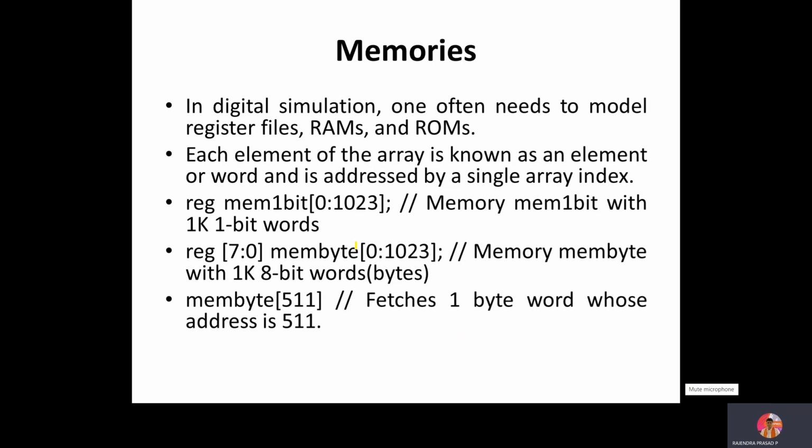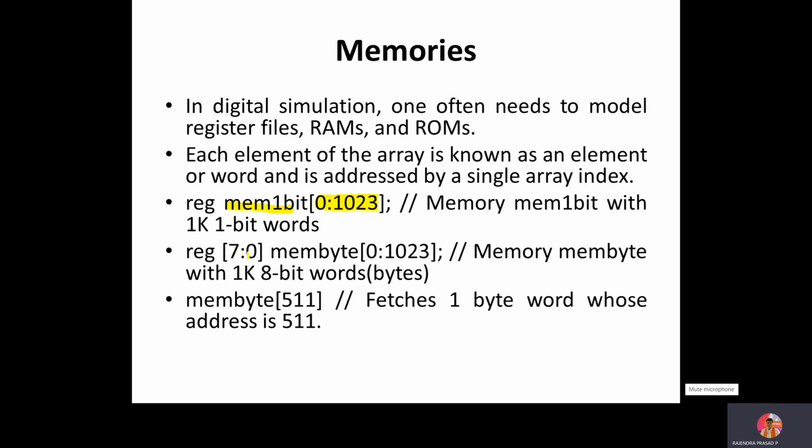Each element of an array is known as an element or word and is addressed by a single array index. For example, I have taken a 1-bit register memory with a memory size of 0 to 1023. 1023 is nothing but 1 kilo, right? So a 1 kilo-bit word is what I'm going to declare.